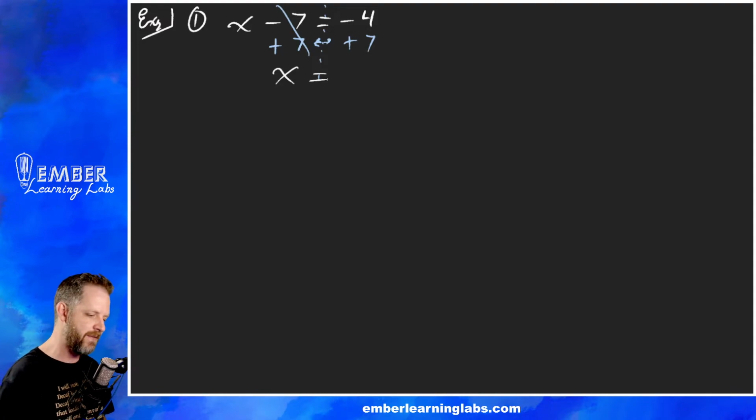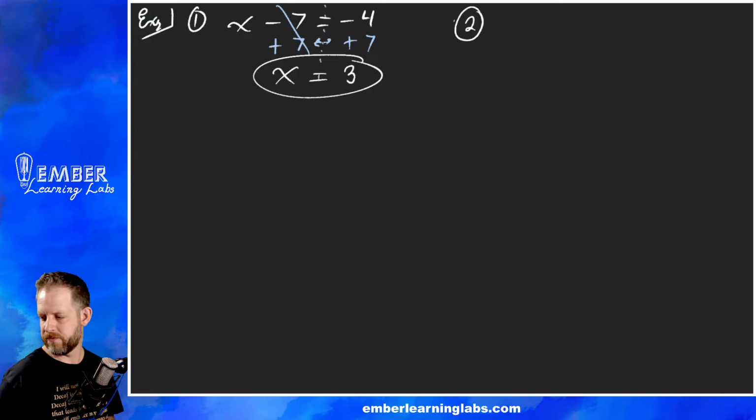It helps our life a lot. So -4 plus 7, the signs are different, so we're going to subtract and keep the sign of the bigger one. So -4 plus 7 is +3, right? Let's do a second one.